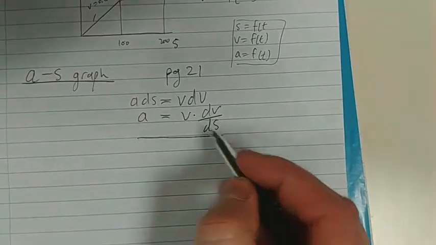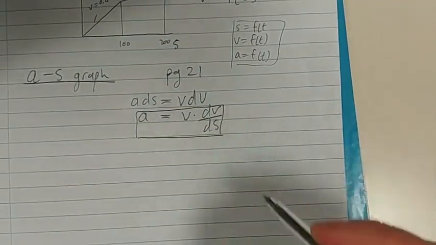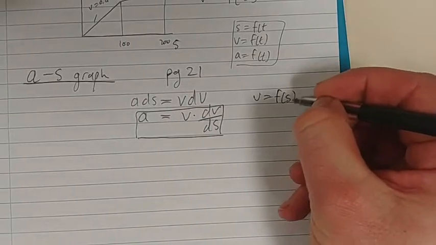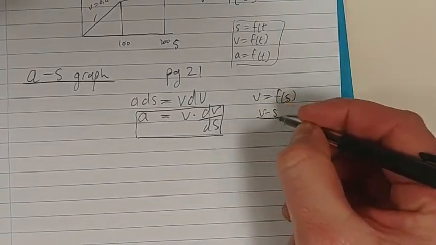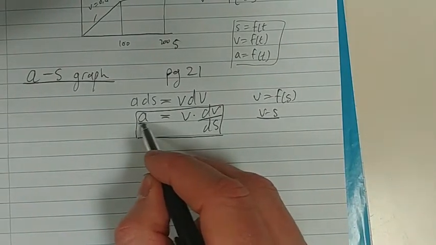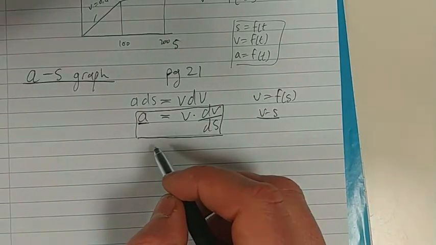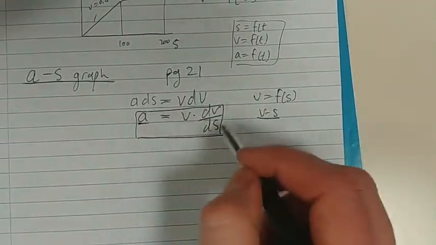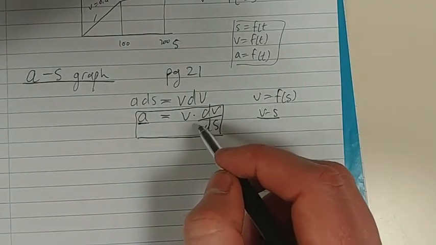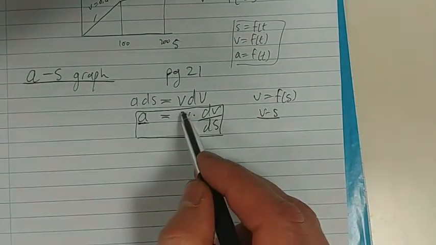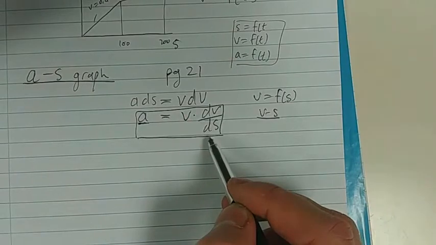That is our acceleration. So if we have V as a function of s, or a VS graph, then if we're trying to find the acceleration, which will be an AS graph, we need to use this rearrangement of that fundamental equation, a ds equals v dv. So a is equal to v times dv/ds.